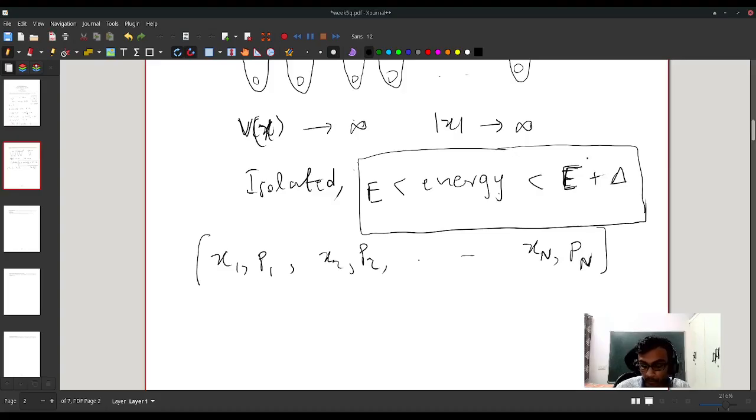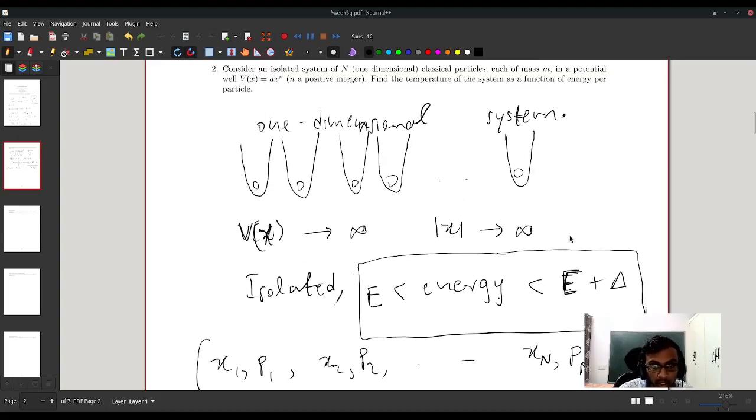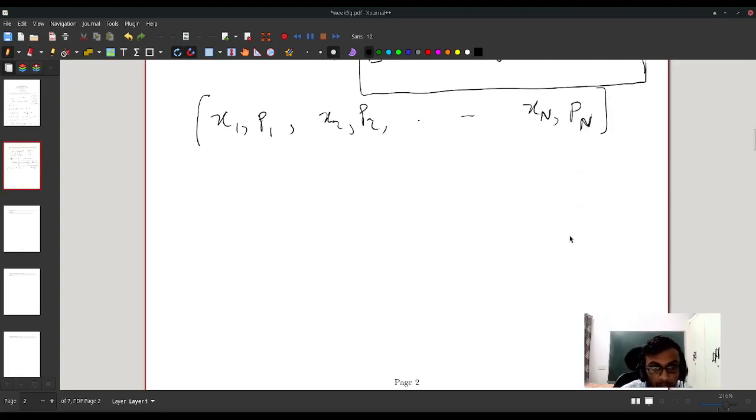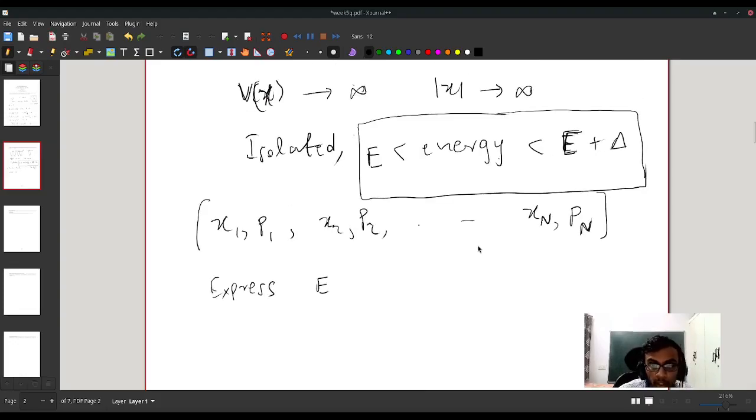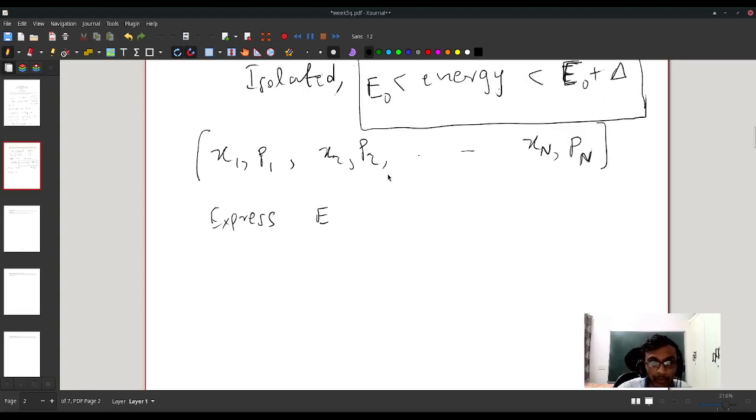Okay, so let us first express the energy E in terms of the phase space variables.